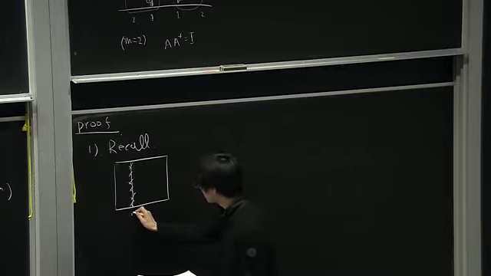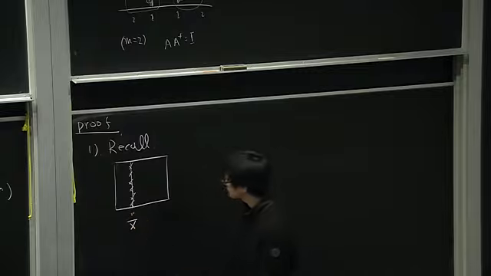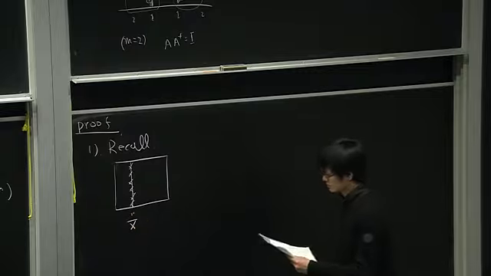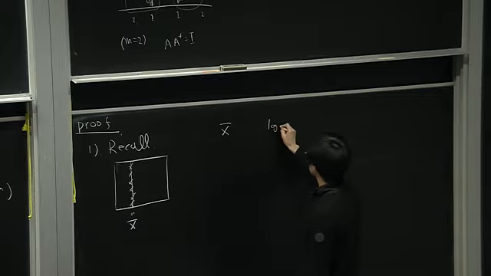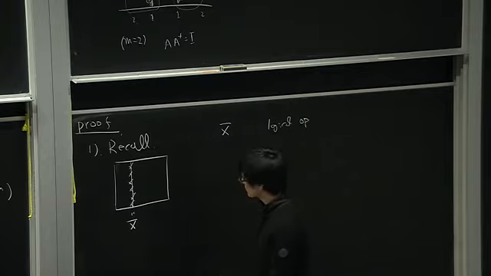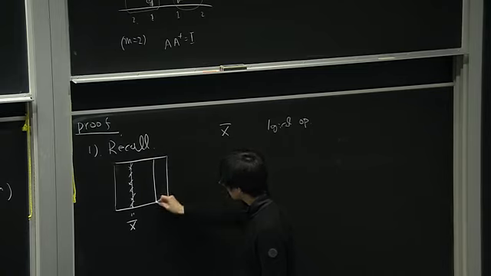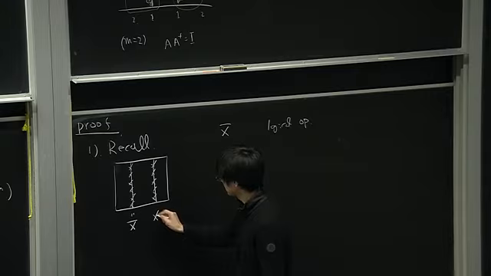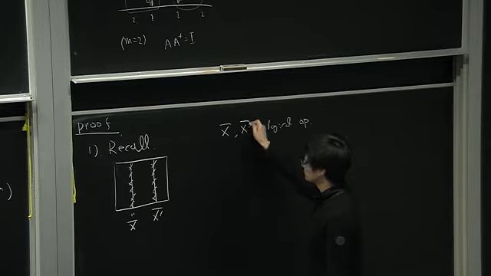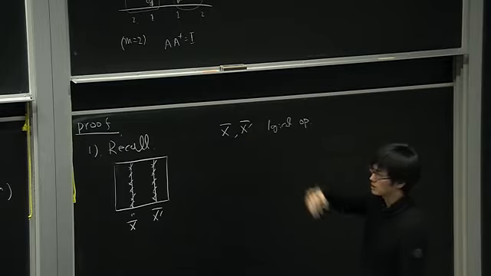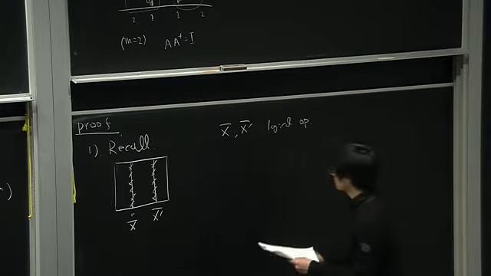And then let me call this operator X bar. So this is a logical operator. On the other hand, you can also think about another string-like operator. This is also a logical operator because it commutes with all the stabilizer generators or the Hamiltonian.